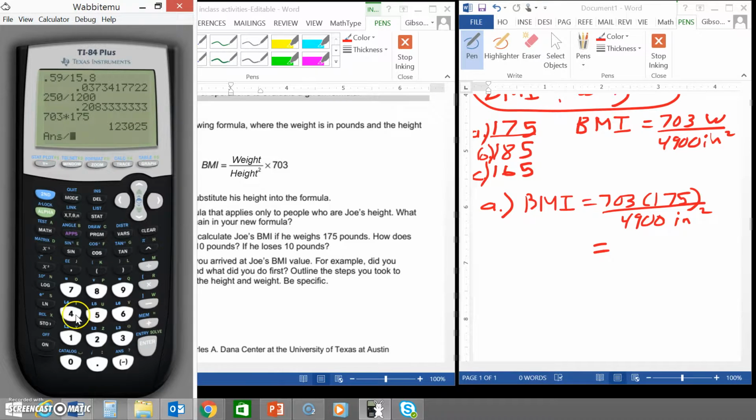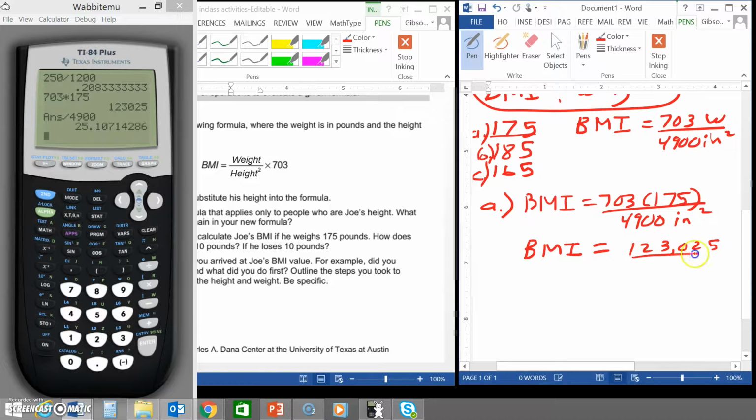And we would divide that by 4,900, and that would give us 25.10 and so on. But if you notice, BMI is typically calculated with 1 digit behind the decimal. So let me write this out. We have our BMI is equal to, the numerator would be 123,025 divided by the 4,900.